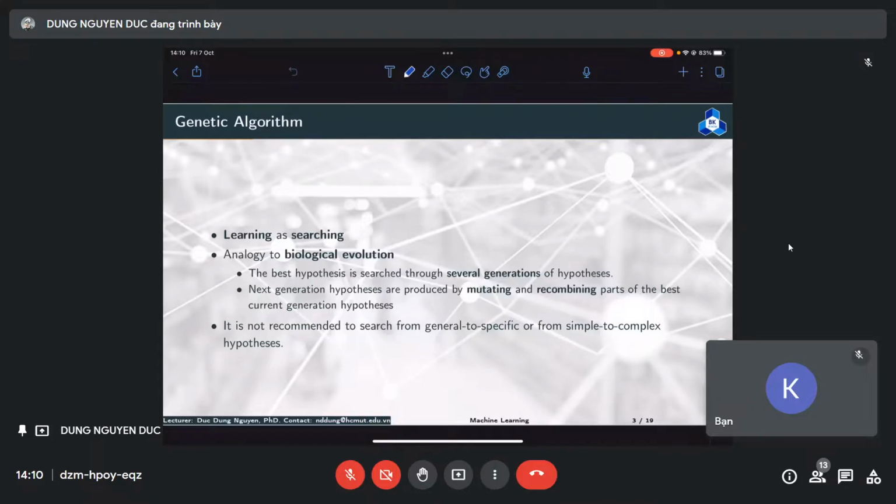And suppose that you are optimizing a problem with about 10 parameters. Then the search space you have will be 10 to the power of 10. And that is a huge number. It's like 10 billion possible individuals in that search space.